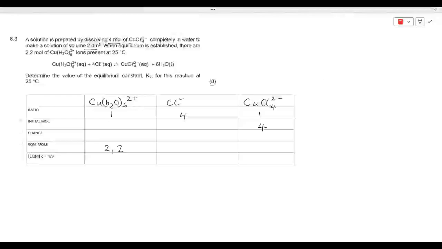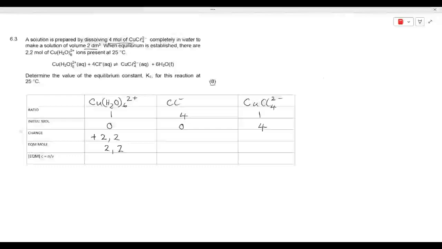Right. So we are starting with no chloride, we are starting with no copper hydroxide, and at equilibrium we have got 2.2. So what it means now, the change that we had here is plus 2.2, right? And if we look at the balanced equation and the ratio, we have got 1 and 4.